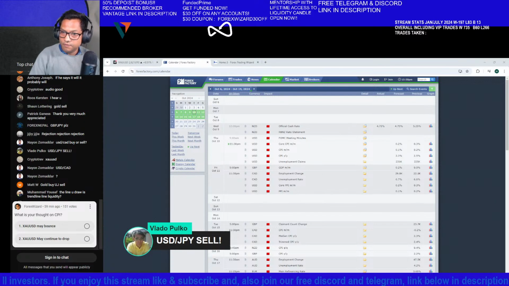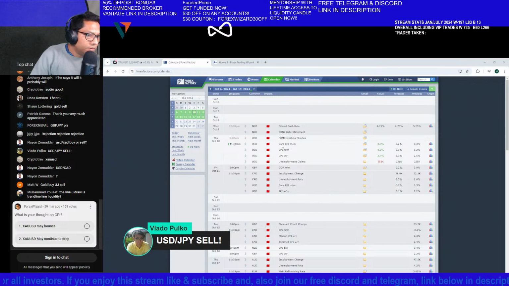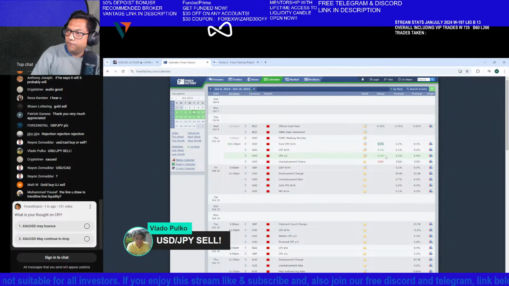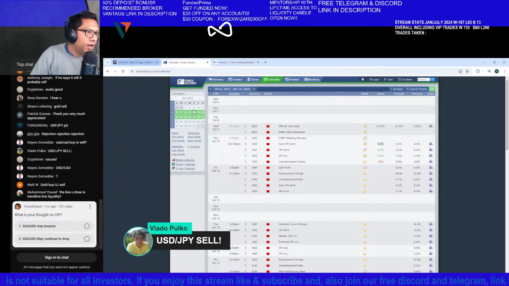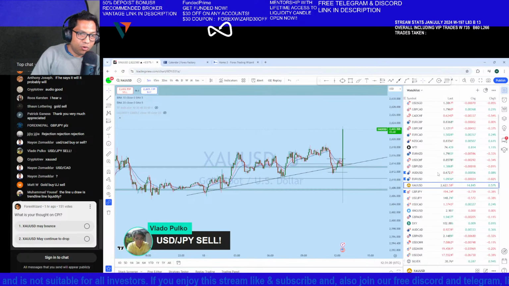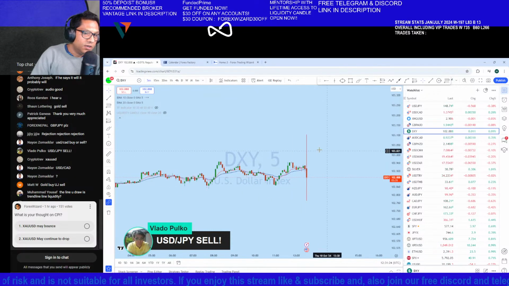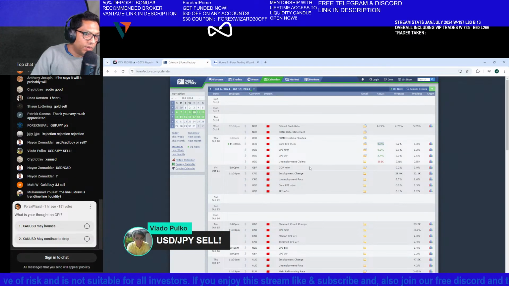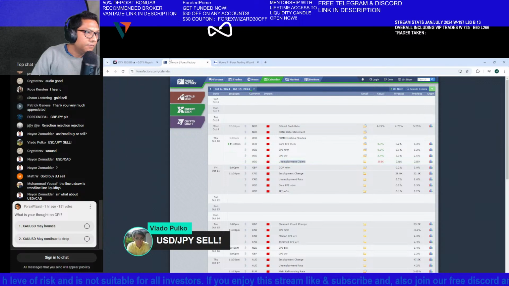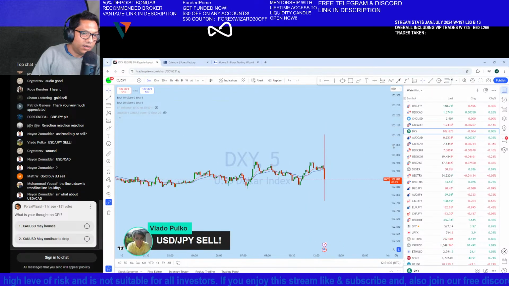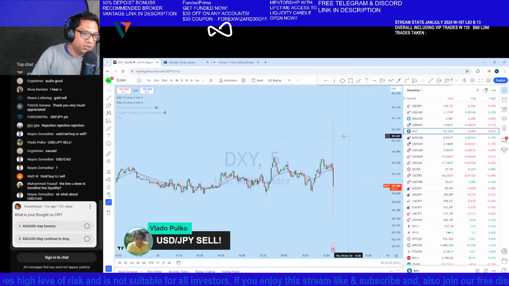Let's look at it now. We can see that all of them except unemployment claims came out green, which is positive for DXY, and that has given momentum on XAUUSD. If you look at DXY, because of the unemployment claims, we might see it rejecting here.